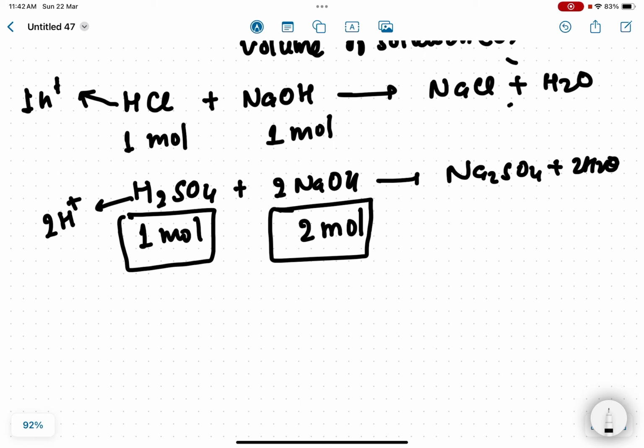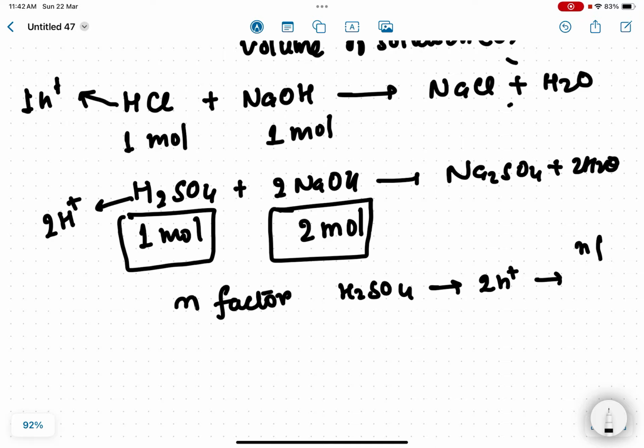So we define a term like N factor here, where H2SO4, as it gives 2H+ per molecule, has an N factor of 2. And HCl gives 1H+, so its N factor is 1.